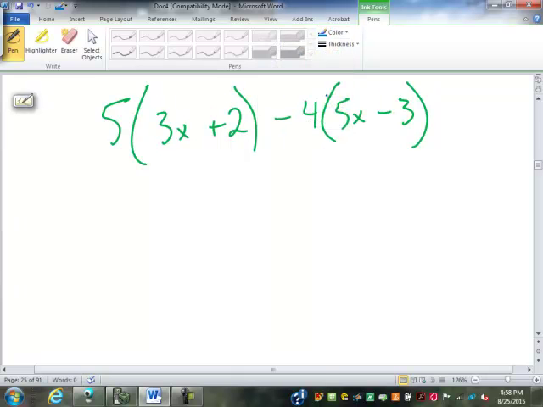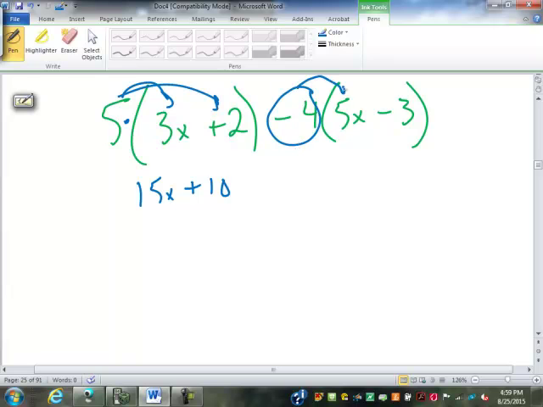This one here has an extra little twist to it. It starts out exactly the same. 5 times the 3x plus 2. Well, what's 5 times 3x? 15x. 5 times positive 2? Positive 10. Now over here, it is not 4 times 5x minus 3. It is negative 4 times 5x minus 3.